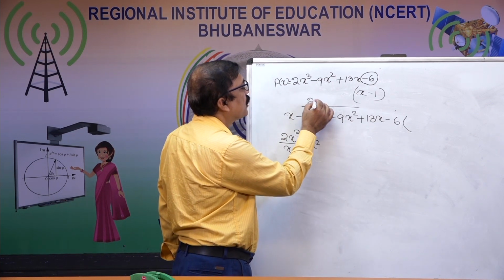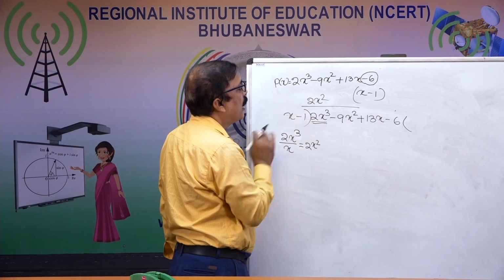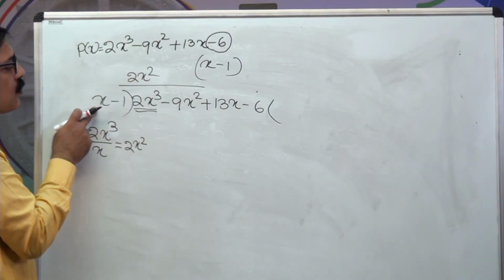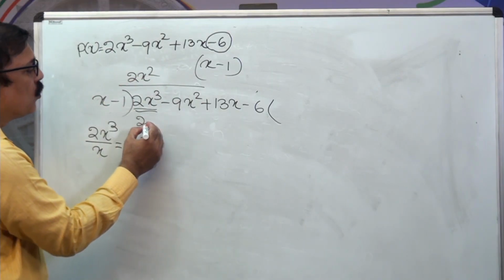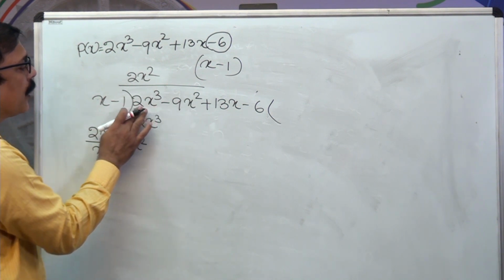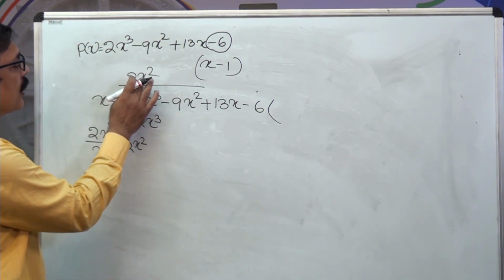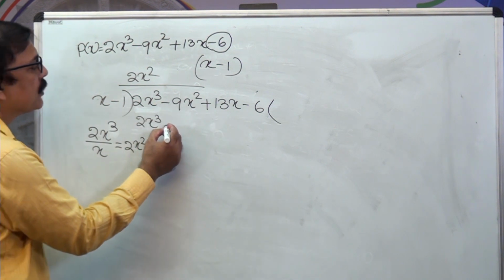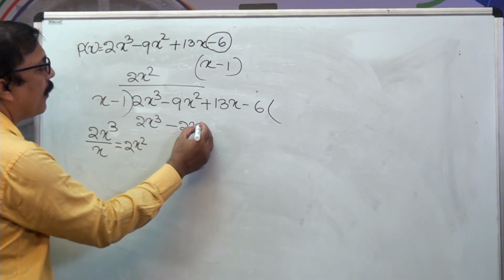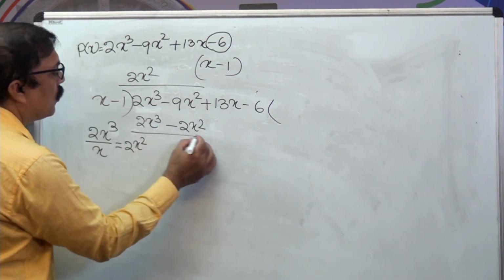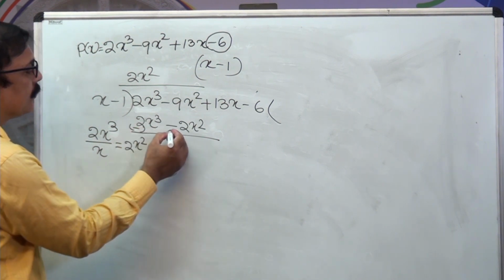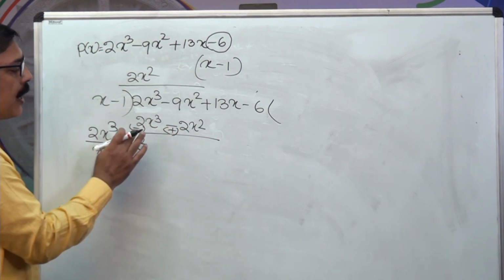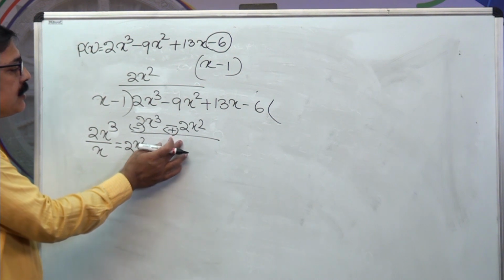So by substituting here 2x square, just multiply 2x square with x gives 2x cube, and 2x square into minus 1 gives minus 2x square. So subtract it. To subtract it, we have to change the signs.